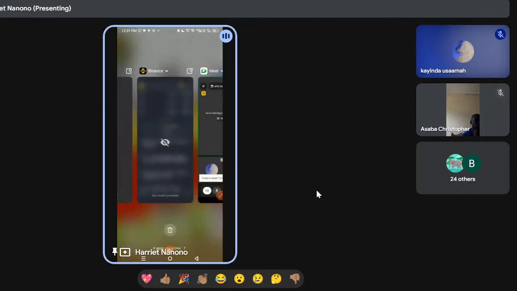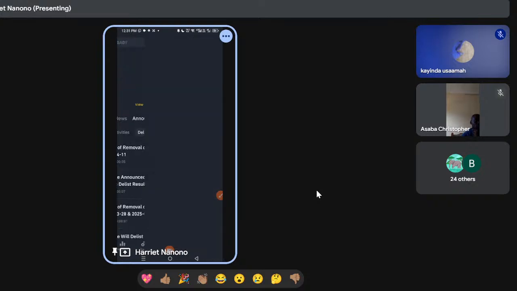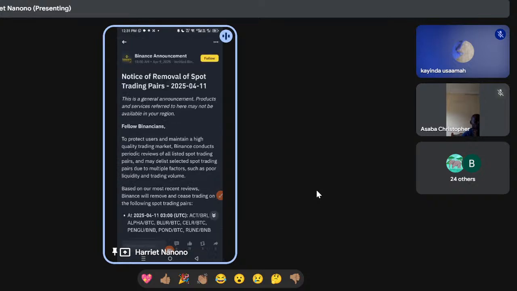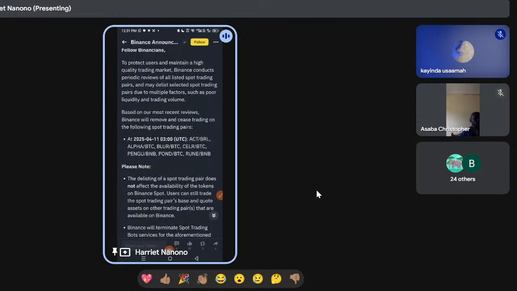So I was showing you that on Binance, when you come to notice of removal of spot trading pairs, you click on it, and they are going to give you the information. Because we are doing spot trading, every time you find spot trading pairs, that one you are concerned with. Always read it.